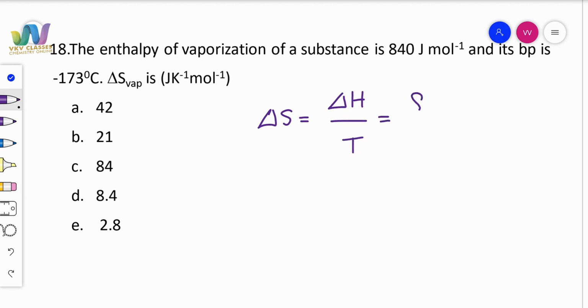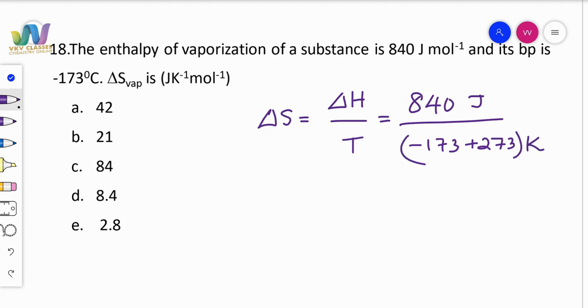So delta H is given as 840 joules and the boiling point is minus 173. We have to convert it into Kelvin, this much of Kelvin. So the answer is D, 8.4 joules.